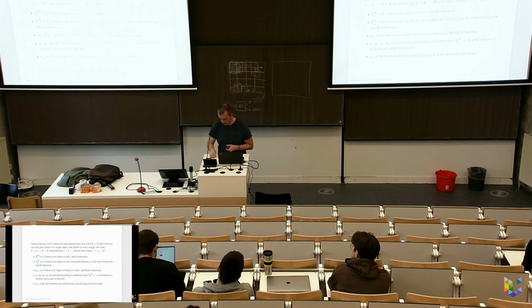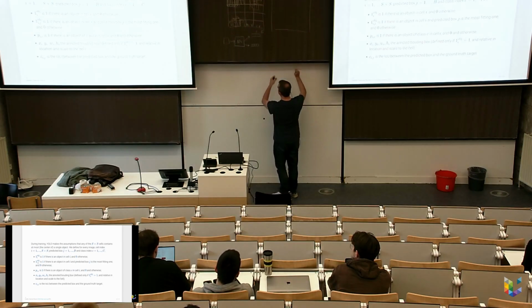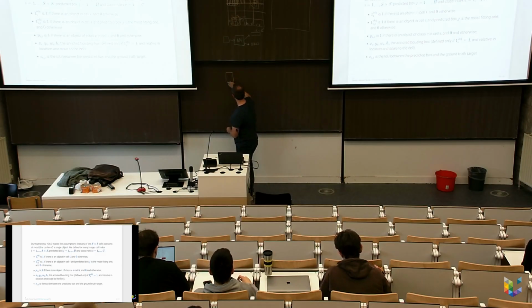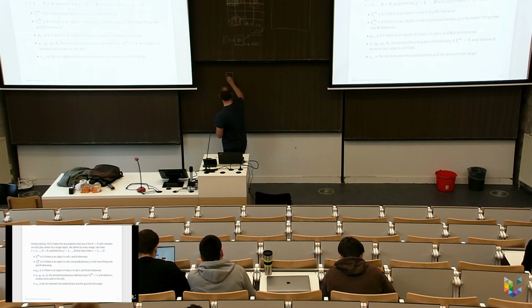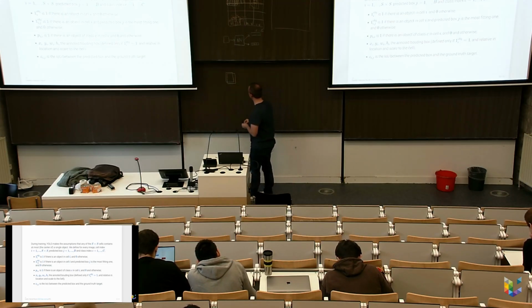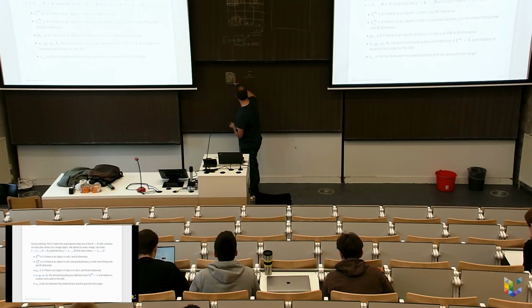Okay, so this IOU thing. Let's say this is the ground truth box that you would have to predict, and this is what your system predicts. What we call the intersection over union is simply the ratio between this area, the intersection, over the union of the two boxes, which would cover all of it.